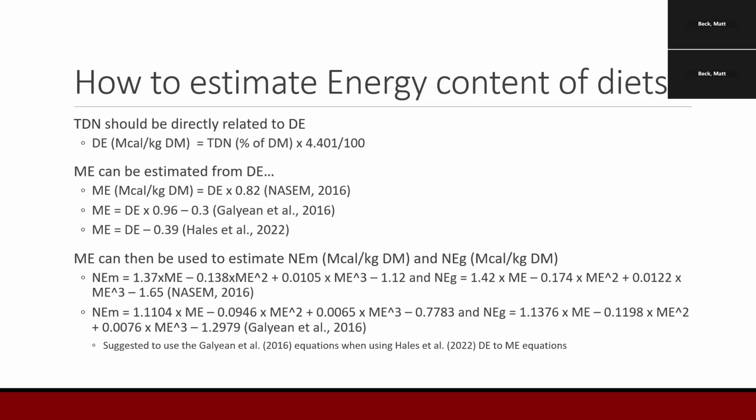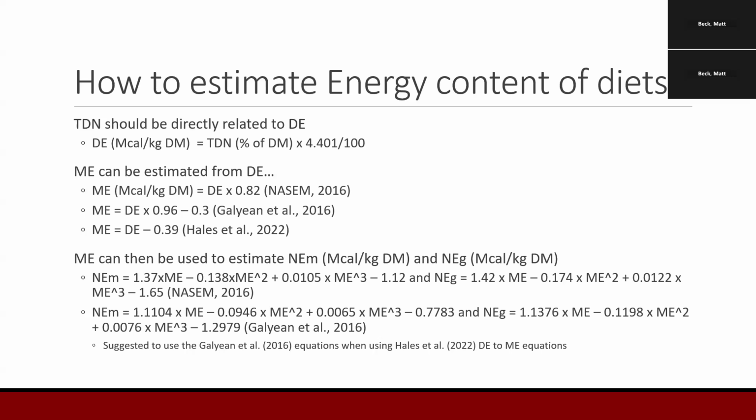Okay. So then once we know ME, we can go to NEM and NEG using these cubic equations. So this is what's currently in the Beef Cattle Nutrient Requirements model. These are the equations that are suggested to be used if you're calculating ME using Galyean or the Hales equation. So again, I'm not going to ask you to even use these equations.